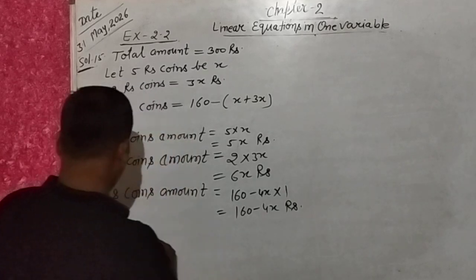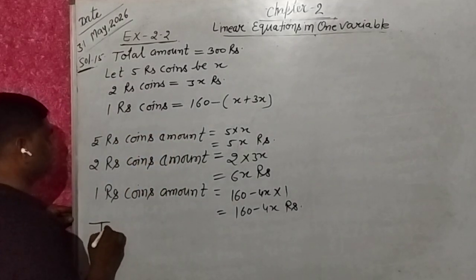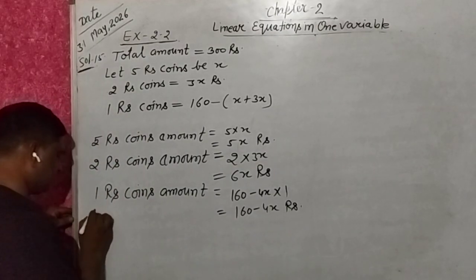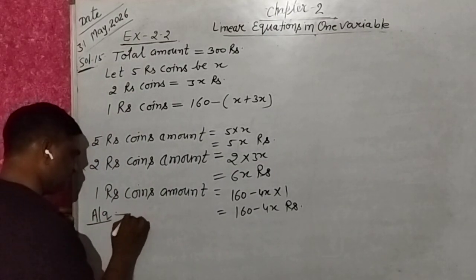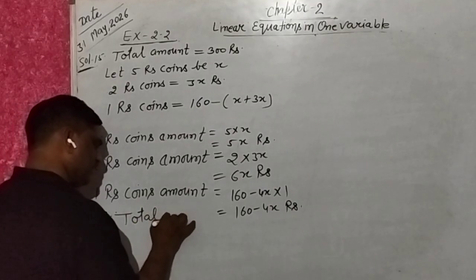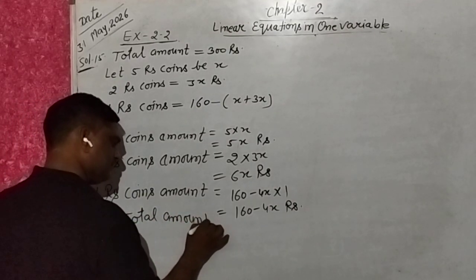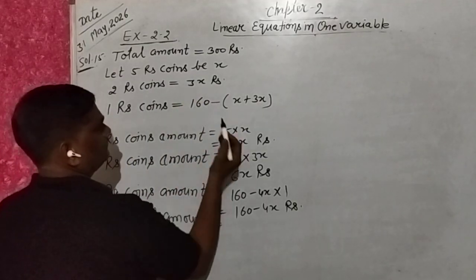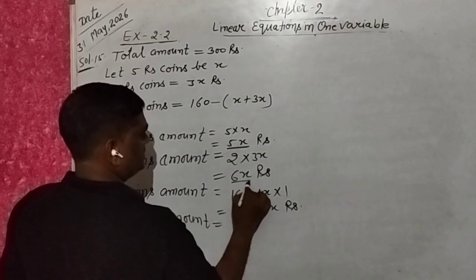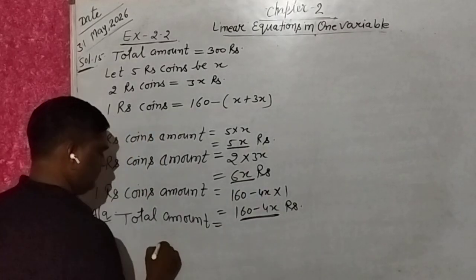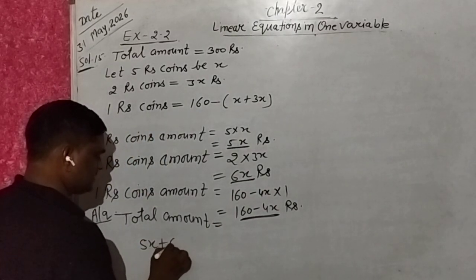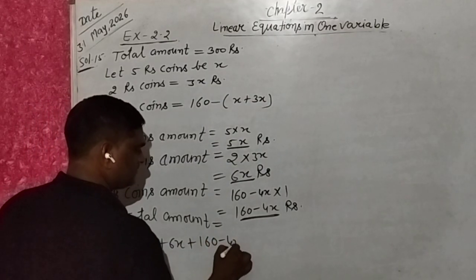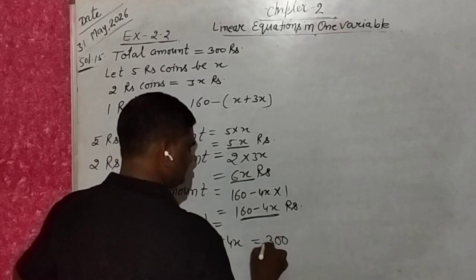Total amount, according to the question: 5x plus 6x plus 160 minus 4x equal to 300.